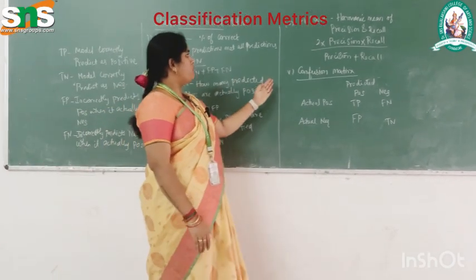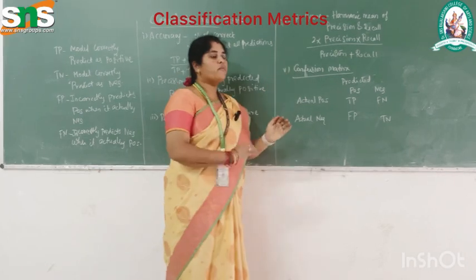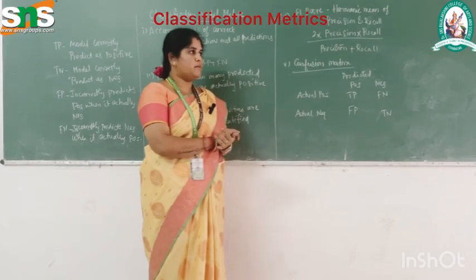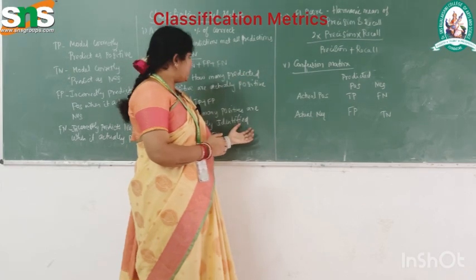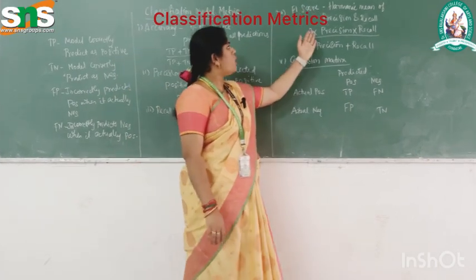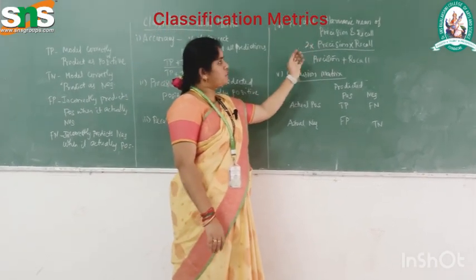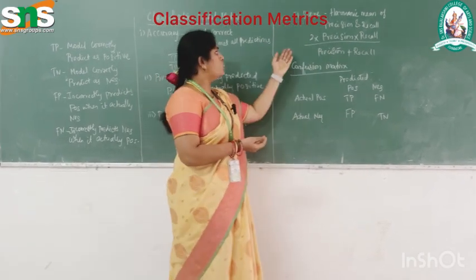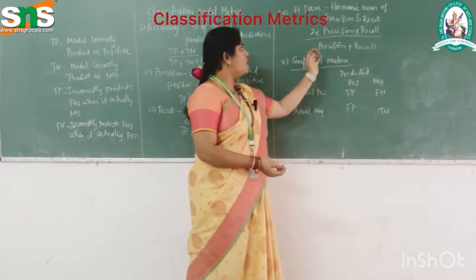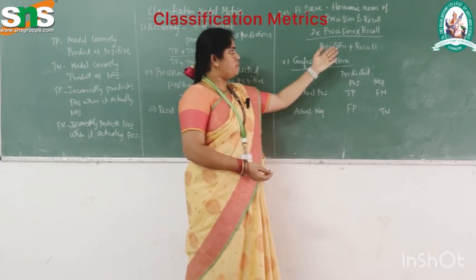The fourth one is the F1 score. The F1 score is the harmonic mean of the precision and the recall. How do we calculate the F measure? It is 2 into precision into recall, whole divided by precision plus recall.